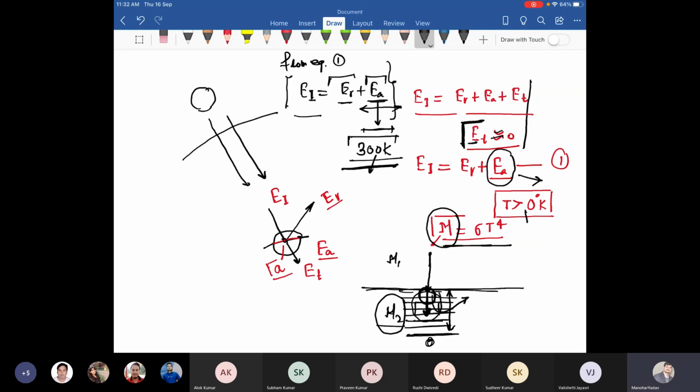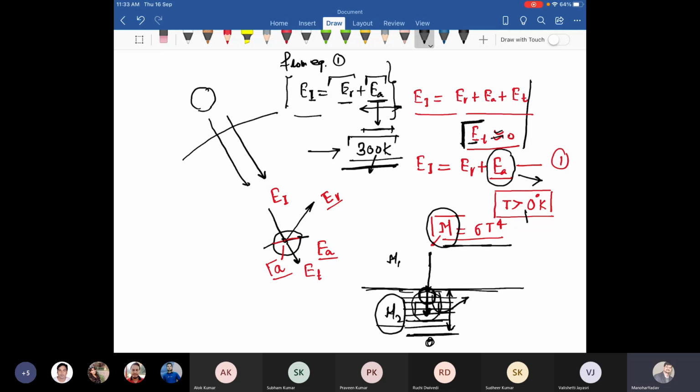In the case of the Earth's surface, the optimal temperature, the temperature at which it is settled, is 300 degrees Kelvin. This is the motive behind this discussion, why we consider 300 degrees Kelvin.